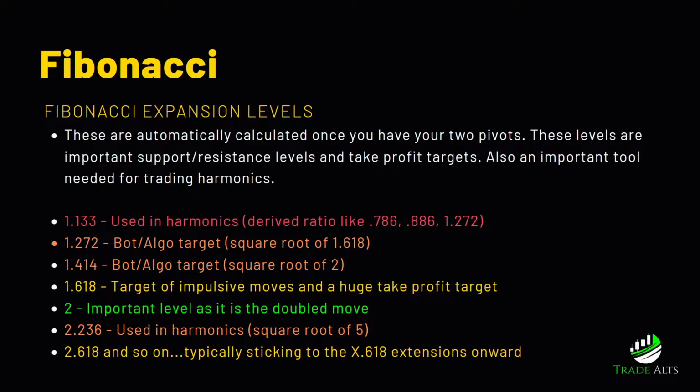For the most part, with the expansion levels, once I get to the 2.618, I'm mostly interested in targeting the 3.618 and 5.618, sticking to the Fibonacci sequence. I don't really use the 4.618 because 4 isn't a fib number. It goes 2, 3, 5, 8, and so on. That's typically what I will use.